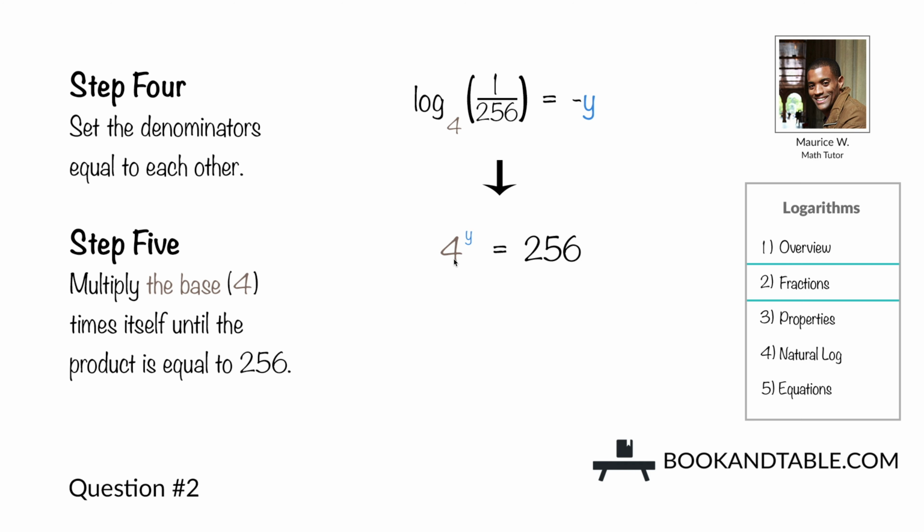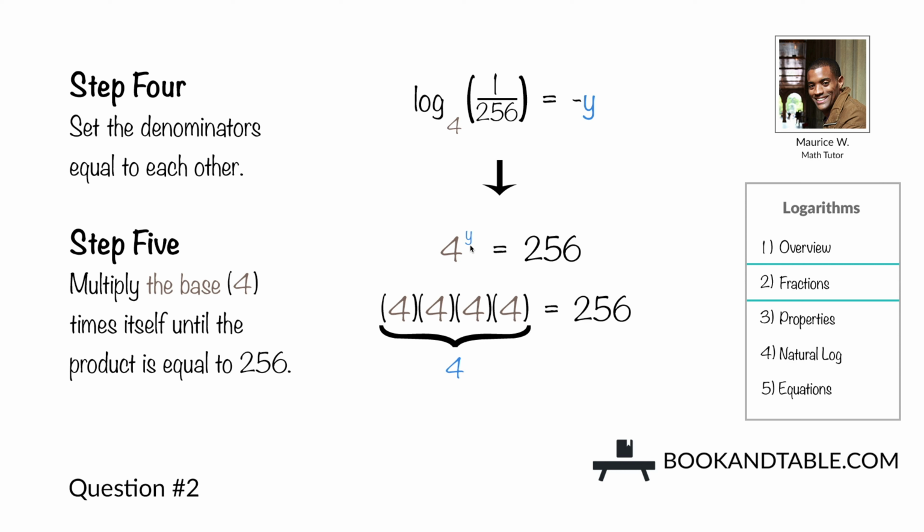Now step 5, we want to multiply the base 4 times itself until the product is equal to 256. When we do so, we get 4 times 4, which is 16. 16 times 4 is equal to 64. And 64 times 4 is equal to 256. So we find that we had to multiply the base 4 times itself 4 times.